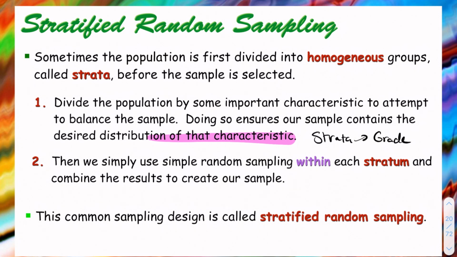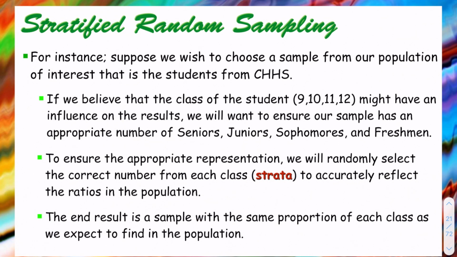So you see how stratifying, let's say I want to get 80 people total, and I want 20 people from each grade. So if I look at the strata, it's smaller numbers to collect with each class to get the entire picture of what I want for a representative sample to ask our school. This common sampling design is called stratified random sampling.